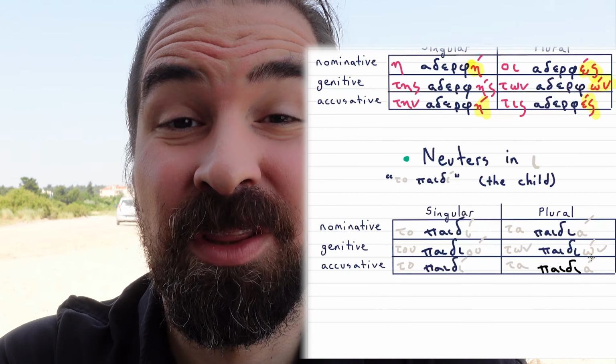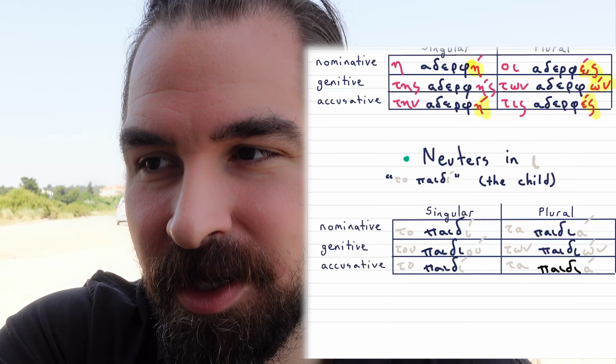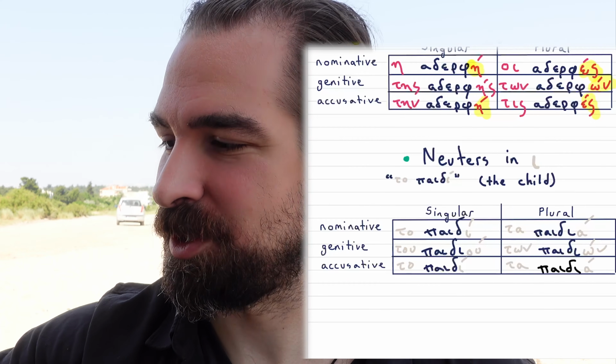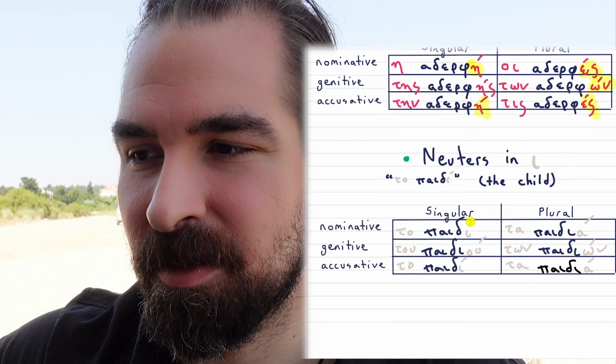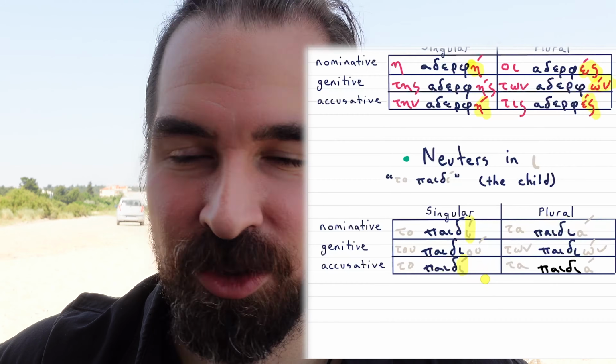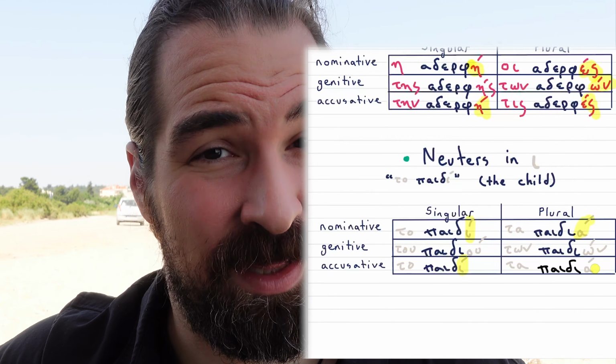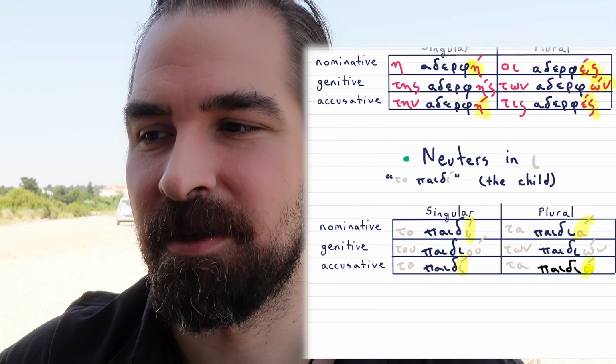What can we notice here? The same thing we see in the feminines, the accusative and the nominative. Maybe I'll say nominative since it's first. The nominative and the accusative match exactly. To paidi, to paidi. And the same is true in the plurals. Ta paidia and ta paidia.